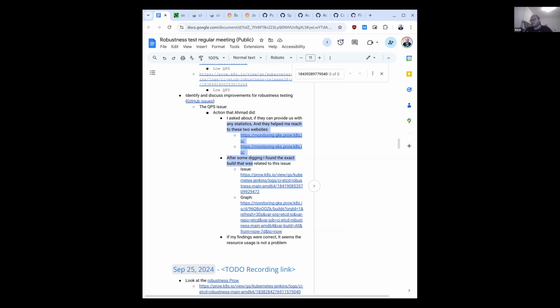From a contributor perspective, I think it's useful for everyone to know where to find those dashboards and how to find them, and also who to reach out to.